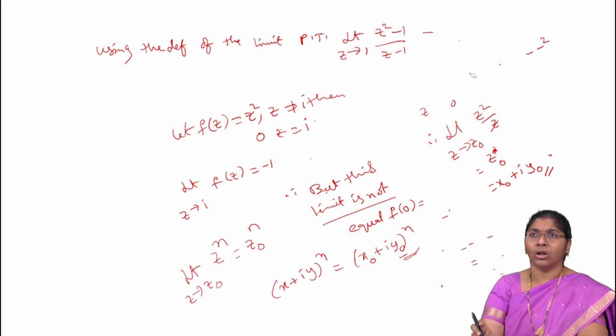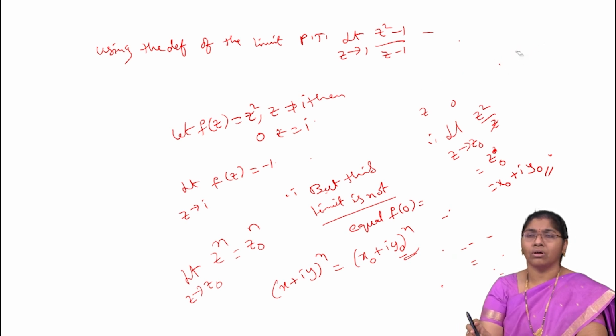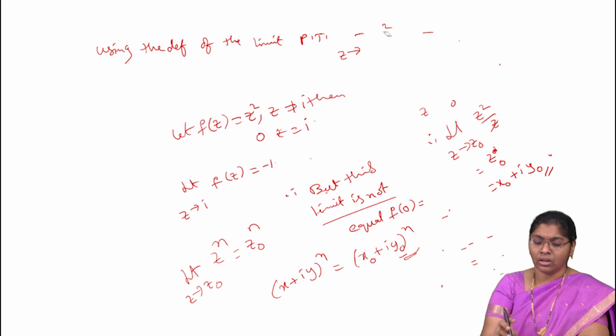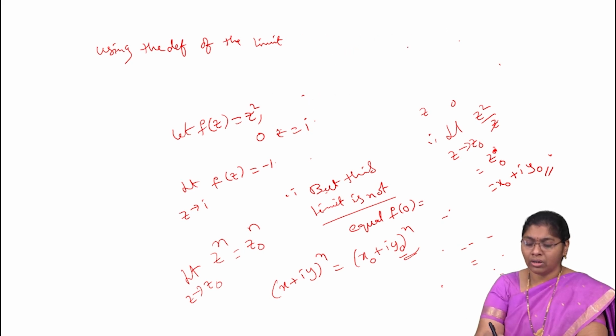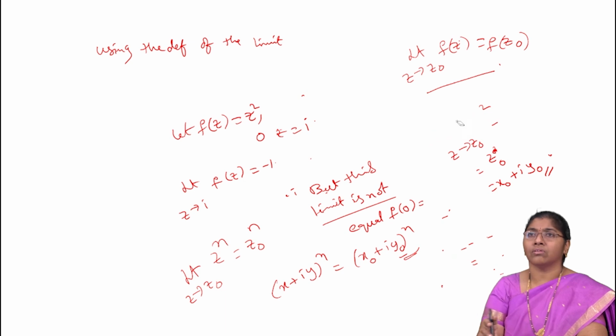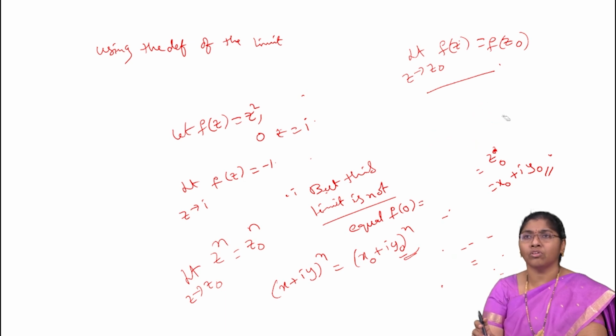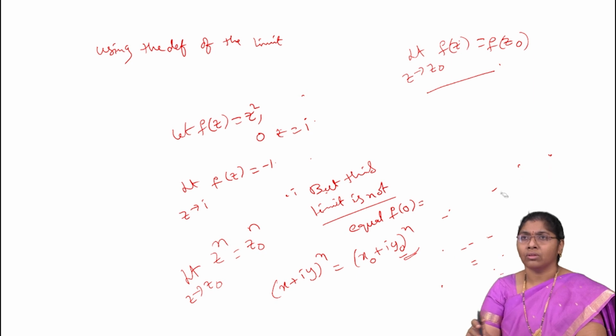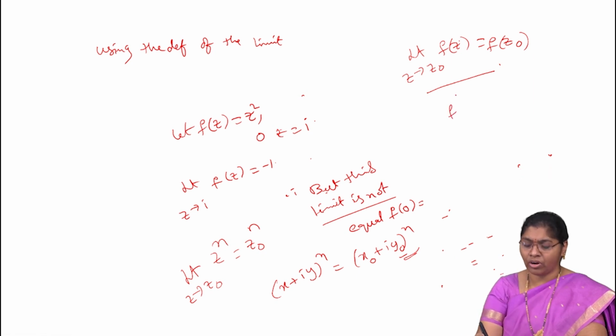Next we can move on to continuity. If it is a continuous function, that means the limit as z tends to z0 of f of z is equal to f of z0; this is the definition of a continuous function. If the limit exists, then it is continuous. When the limit exists and continuity also exists, then we can move to the differentiation method, that is f dash of x.